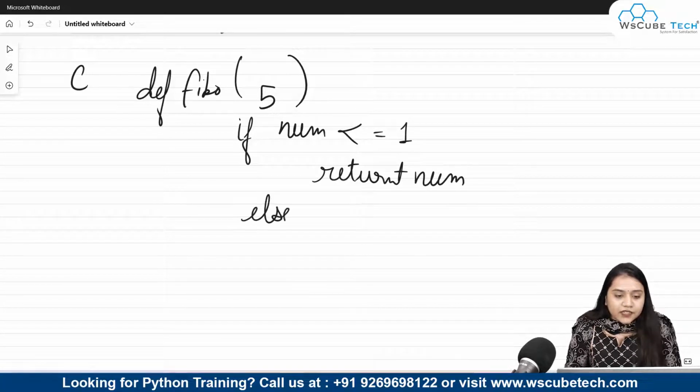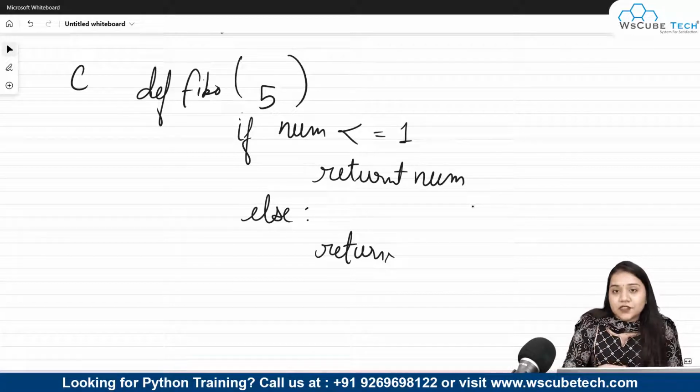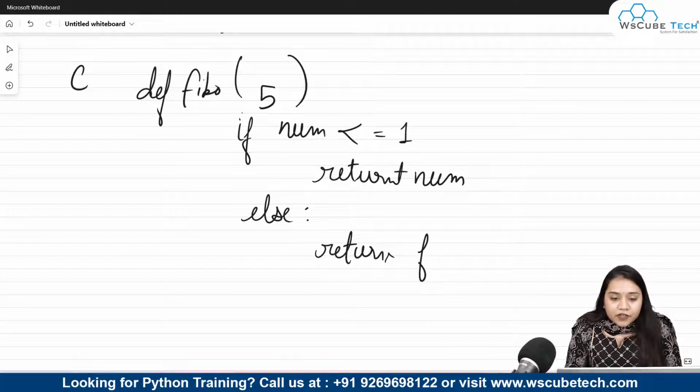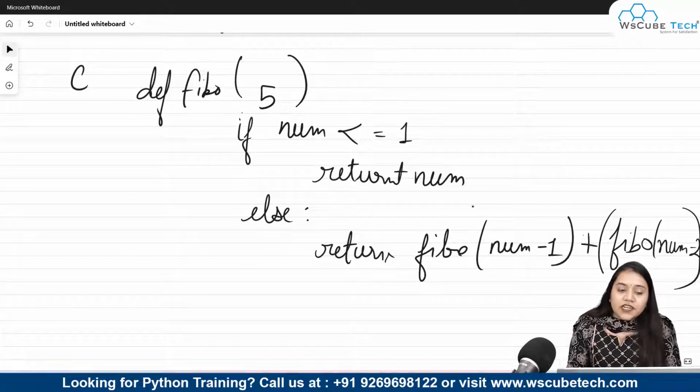Else we will return Fibonacci sequence of 4 plus 3, that means last digit plus last-to-last digit. So how will we obtain that? We will call this function again, Fibo of 4. So for 4 we will write Fibo of number minus 1, and for 3 we will write Fibo of number minus 2. Right, and we'll be adding these two terms because the third term is the addition of the preceding two terms.